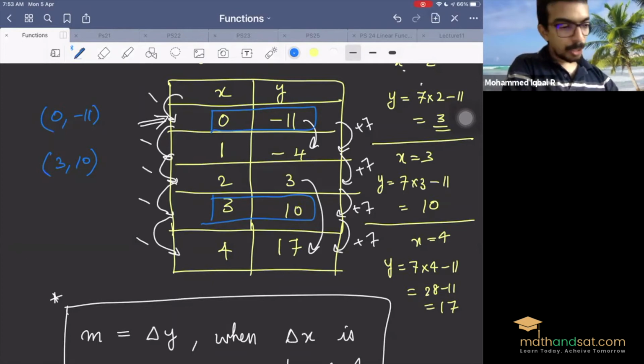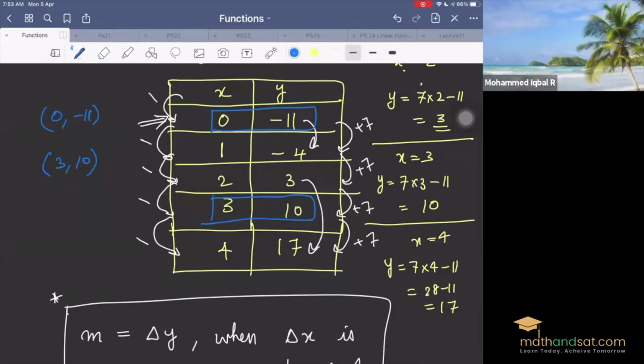When you're going from 0, minus 11 to 3, 10, what is the change in y? What is the change in y when you go from minus 11 to 10? No, it's not 11. You're going from minus 11 to 10.